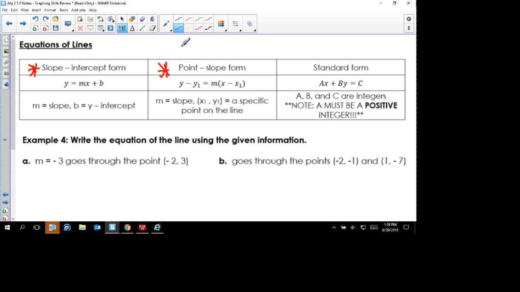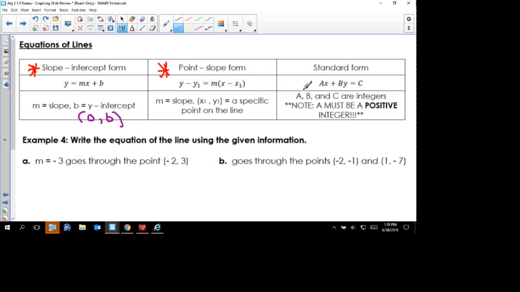The m is our slope value, and it is multiplied by our x. And then the b is the y-intercept, which when you write the y-intercept, you write it as an ordered pair, like (0, b). Okay?